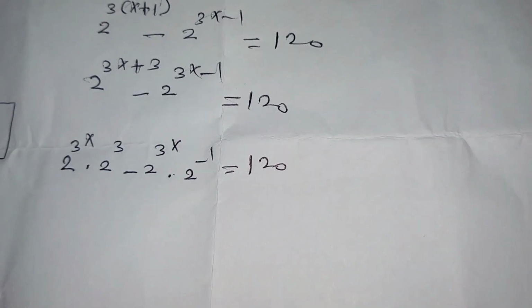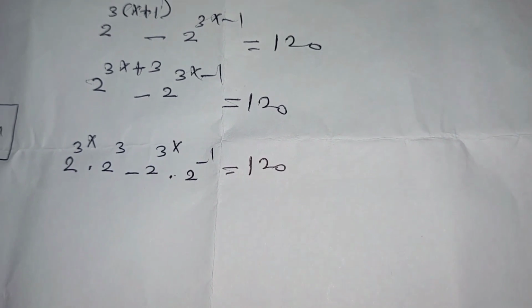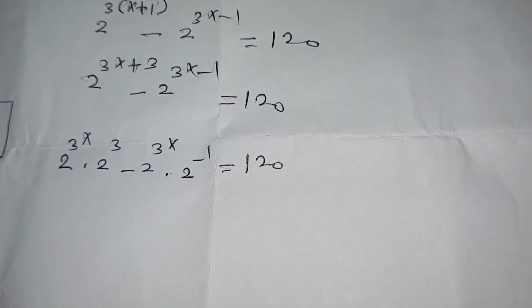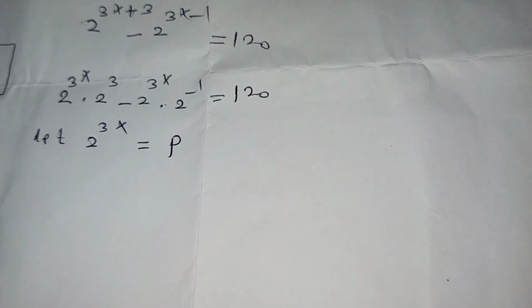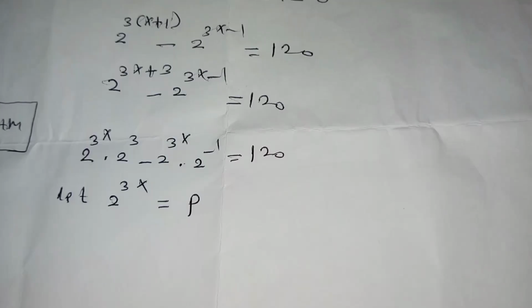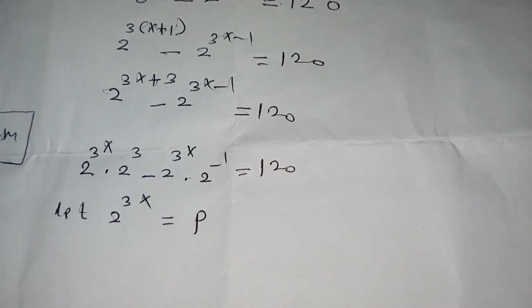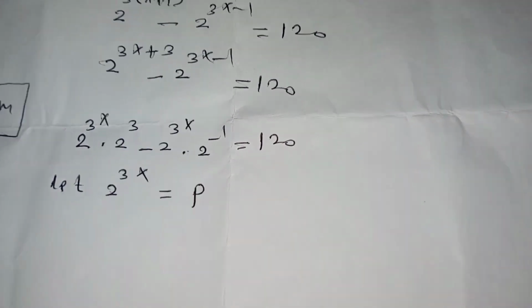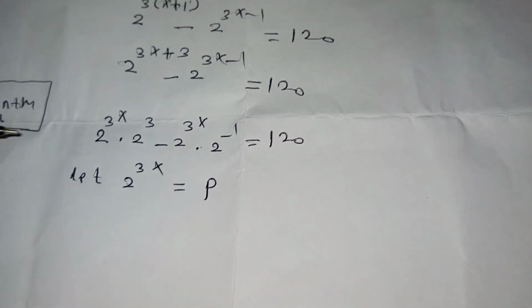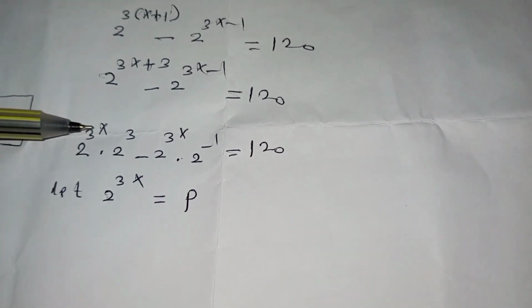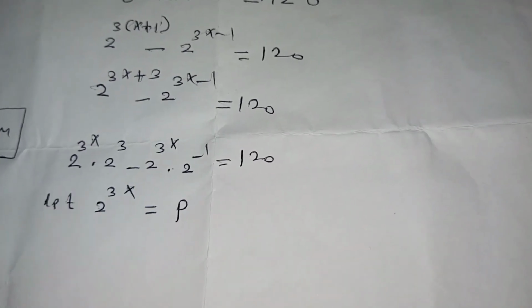Then we let 2 power 3x to be equal to a number. I have chosen 2 power 3x to be equal to p. You could have taken any other number of your choice, and the result will be the same. So substituting, where we have 2 power 3x, we substitute with the p, we are going to obtain the following.